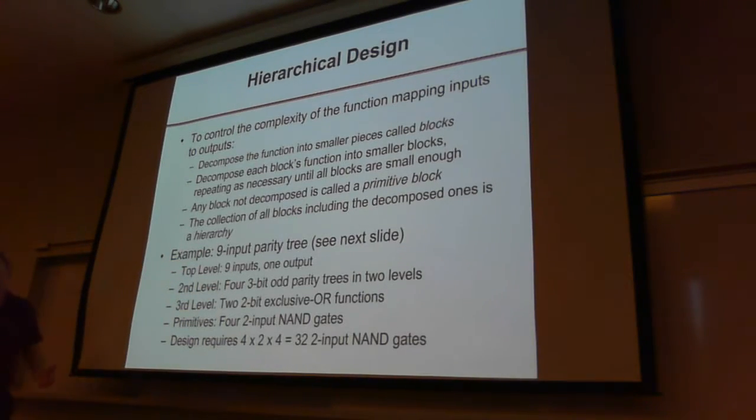The primitive block is the smallest block that we can describe, that we will create to describe the function of the components that we decompose this larger, much more complex circuit from.